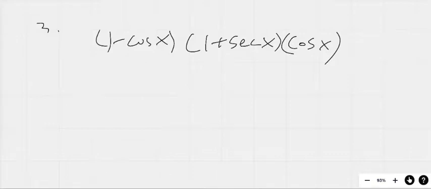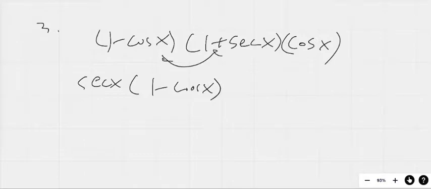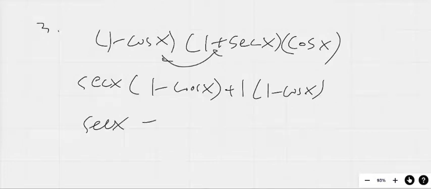So let's combine these two together. Secant x times 1 minus cosine x plus 1 minus cosine x is secant x minus secant x cosine x plus 1 minus cosine x.